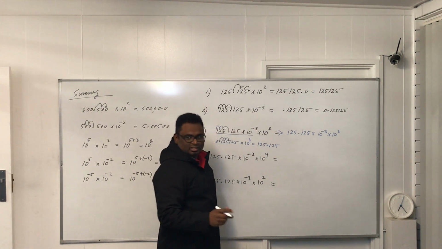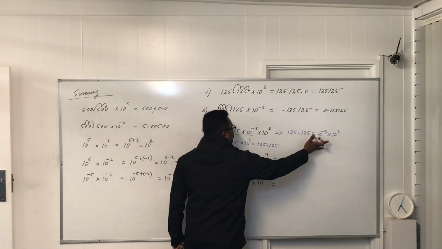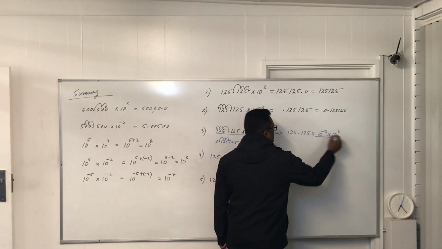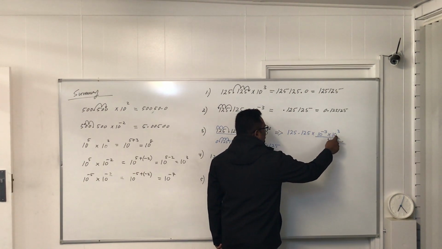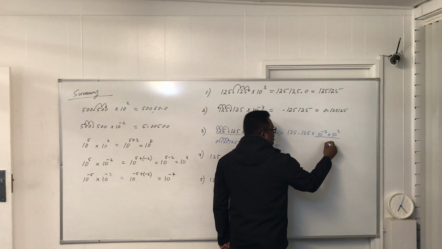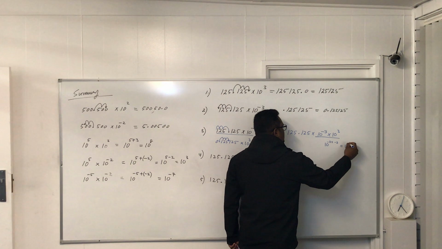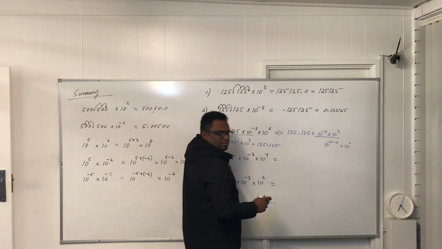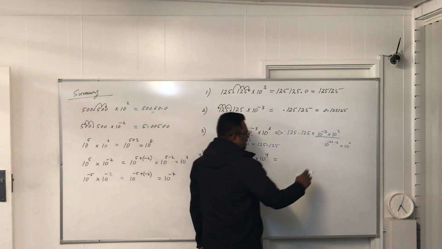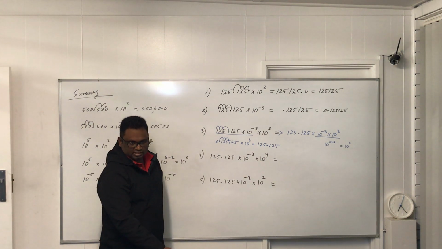Instead of simplifying these two first, I'm going to simplify the powers of 10 first. 10 to the power minus 3 times 10 to the power 3 is what, guys? 10 to the power minus 3 plus 3, so it's going to be 10 to the power 0. Minus 3 plus 3 is 0.